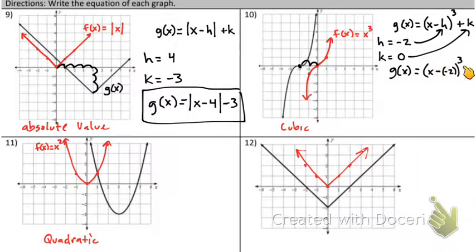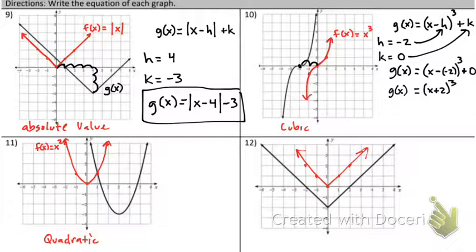It's a power 3 because we have a cubic shape. And then my k is +0. So let's clean this up. X minus -2, that's going to be x plus 2, power of 3. And then we don't need to write this +0 because it really doesn't do anything. So my equation for this is g of x.